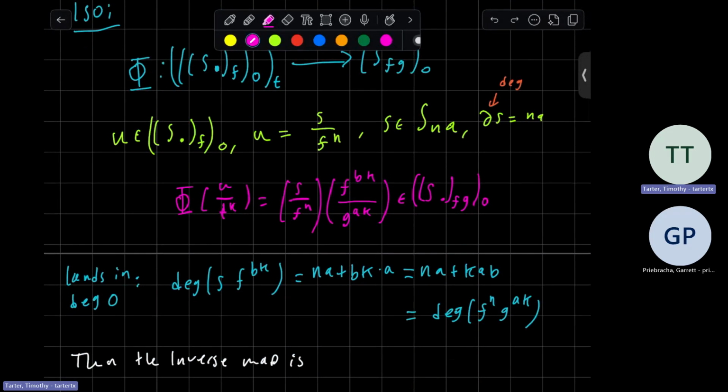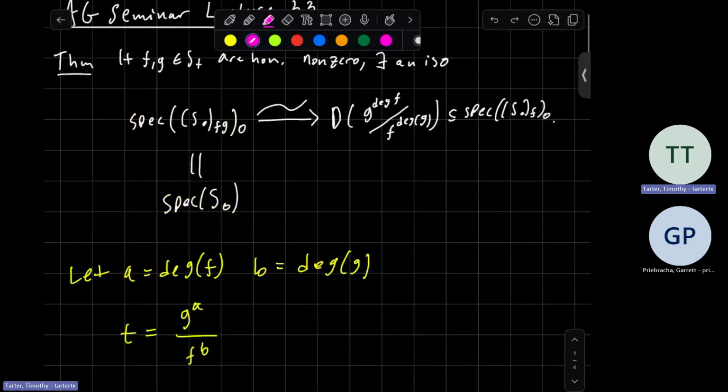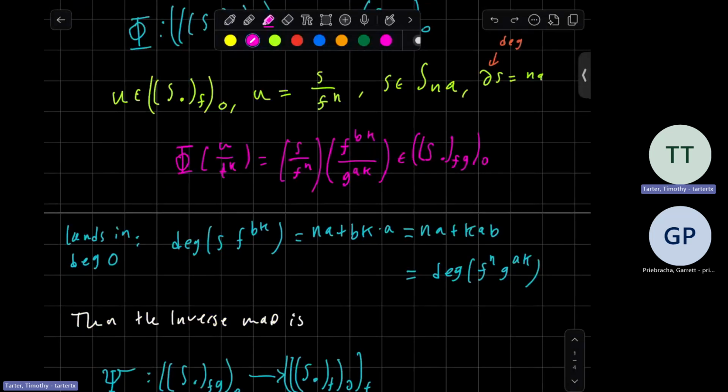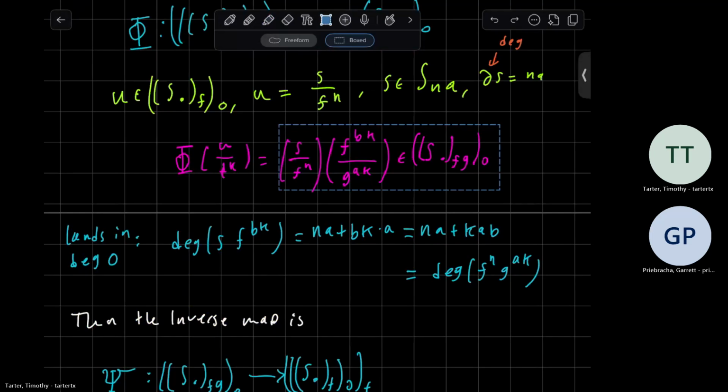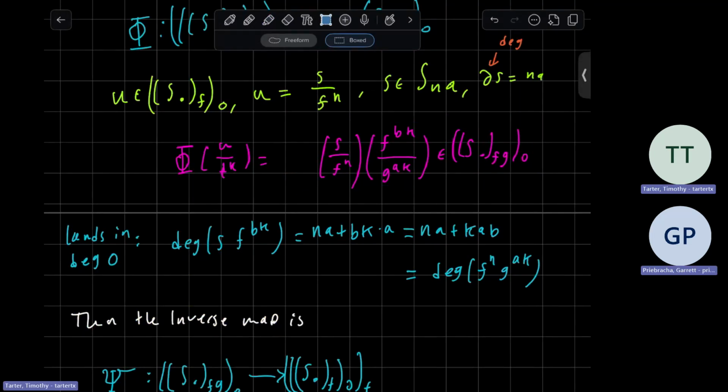Well, then u over our localizing factor of t to the k should be getting set by this map we're constructing to a distinguished open over here, or to something that maps to a distinguished open. Basically the idea is that this should be a distinguished open. Okay, let me walk through the intuition here.